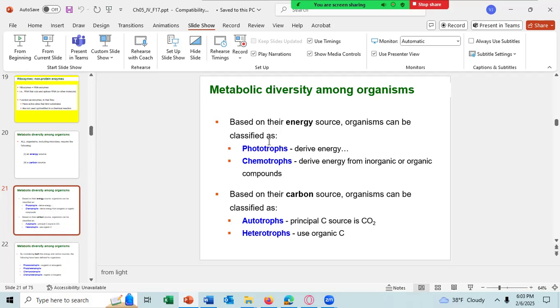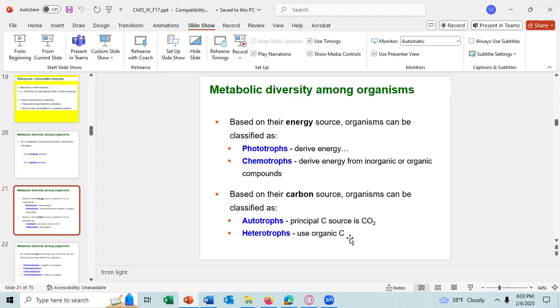You can also classify organisms on where they get their carbon from. There are two types, an autotroph, and they get their carbon from CO2, either dissolved in the air or in the water. Green plants are an autotroph, getting their carbon from CO2 in the air.